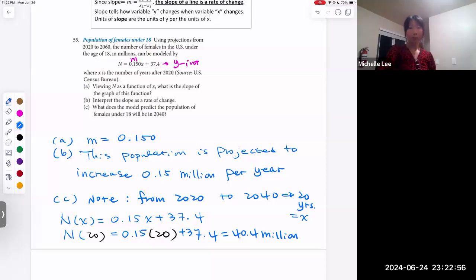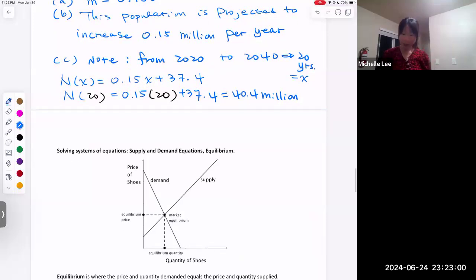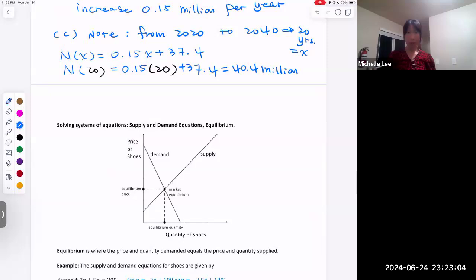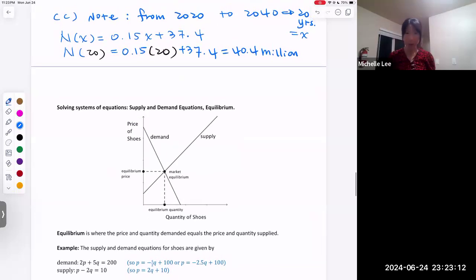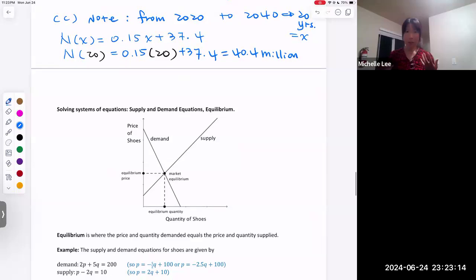All right, let's do this one. We have solving systems of equations, supply and demand equations. Okay, so demand is demand by customers or consumers for a commodity.